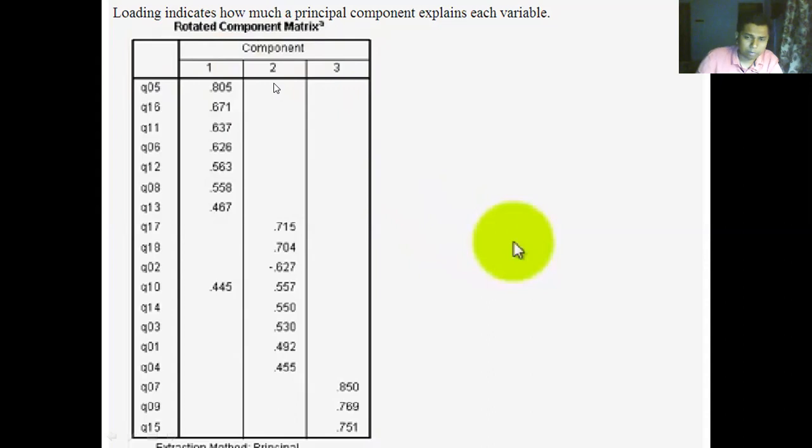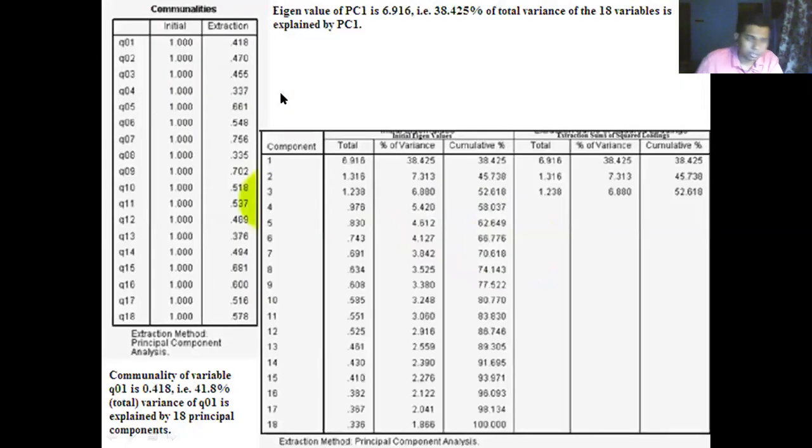So you have done basically three things. One is that you have checked whether some variables you need to eliminate or not. If you eliminate some variable, then the remaining variables you should consider, and again you should conduct the principal component analysis. Then you should select how many principal components you should choose and how much percentage of the variance they can explain.